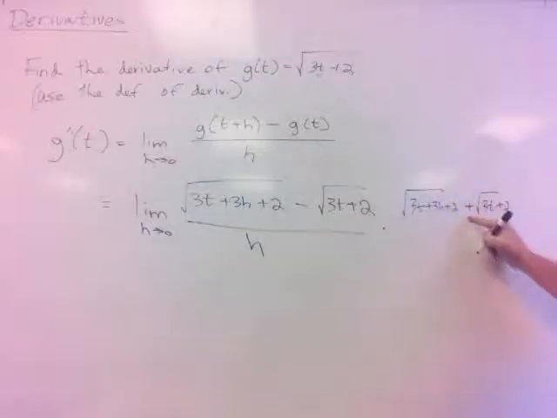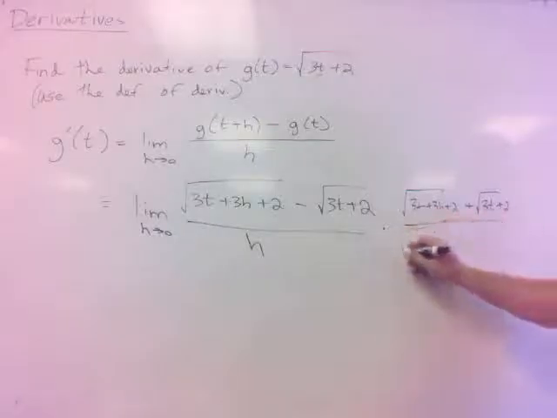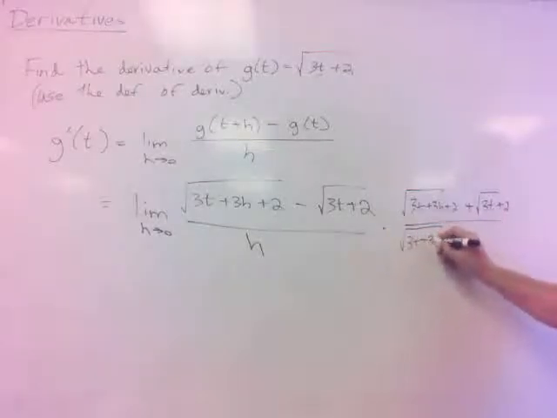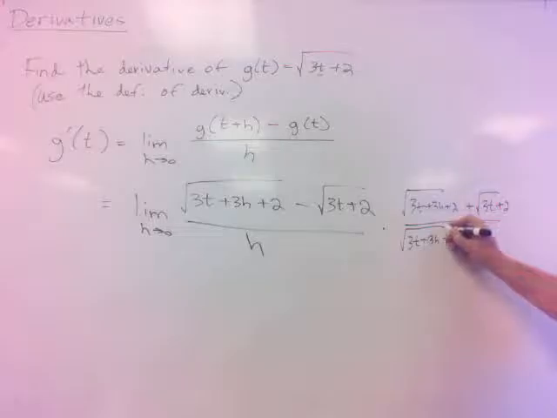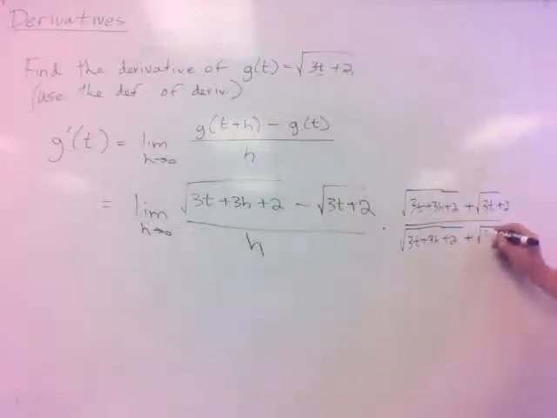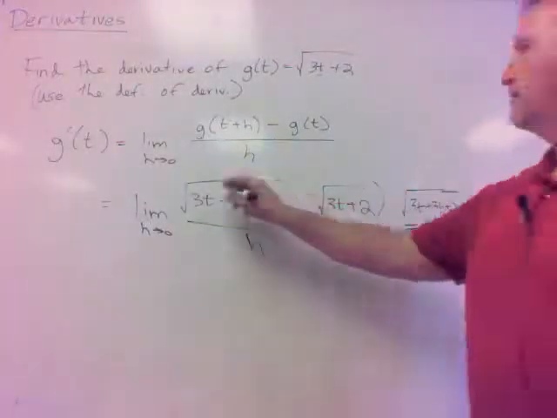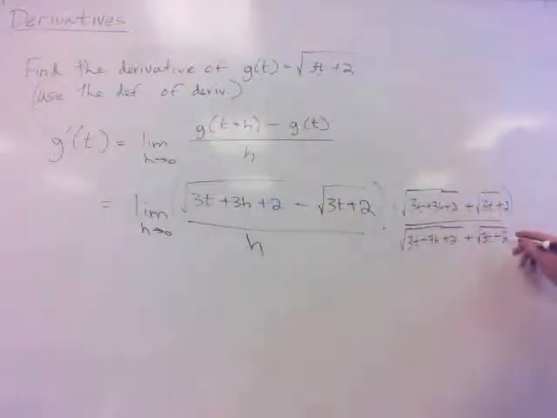Everything's the same except change it to a plus, and then same thing on the bottom. Multiply the top by that, and then multiply the bottom by that.